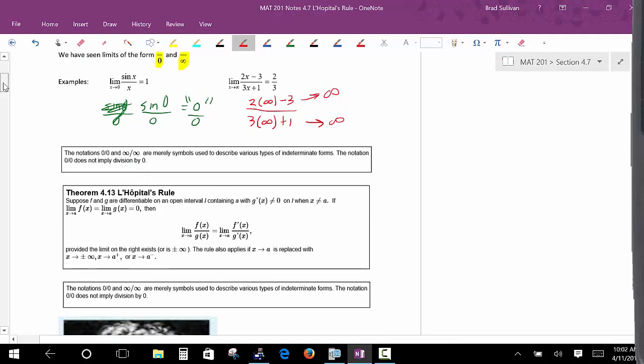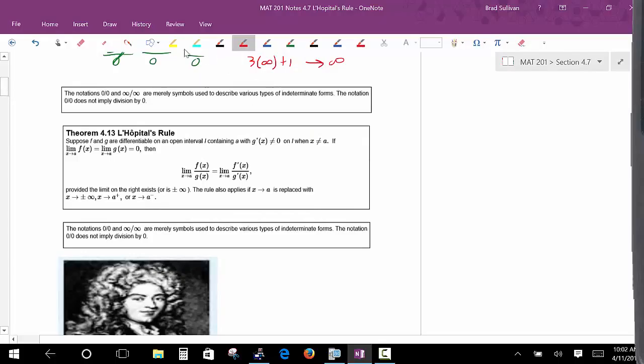So L'Hopital's rule basically says these things. Your two functions have to be differentiable. You're looking at the limit of f over g, a rational type of function. As long as those two functions are differentiable, and the derivative of g can't be 0, because then you would have a 0 denominator.